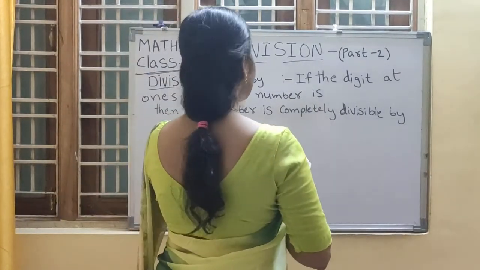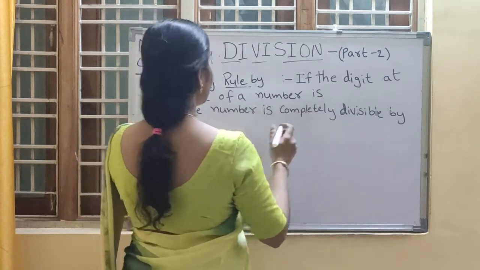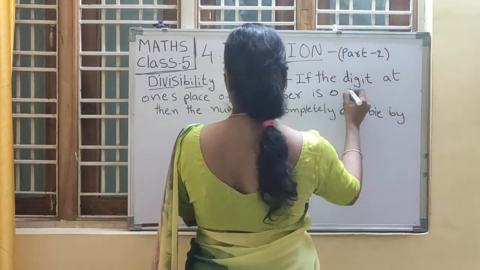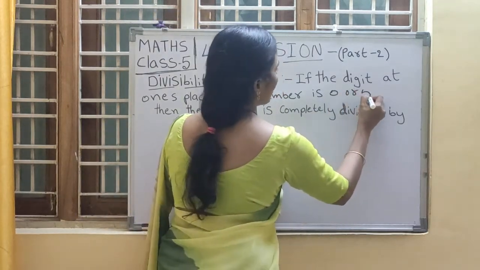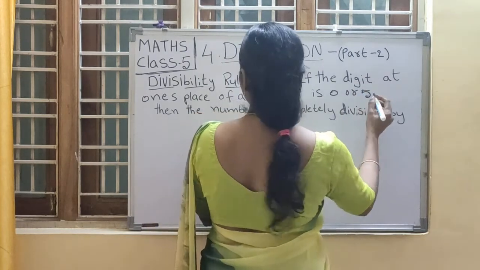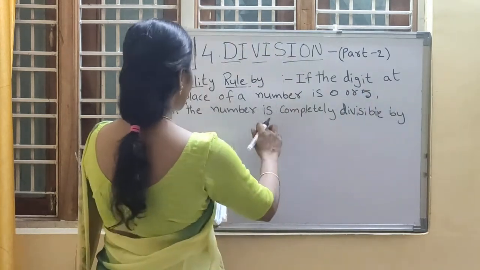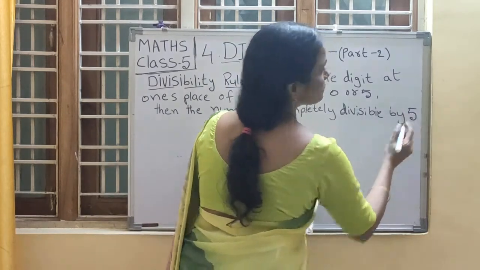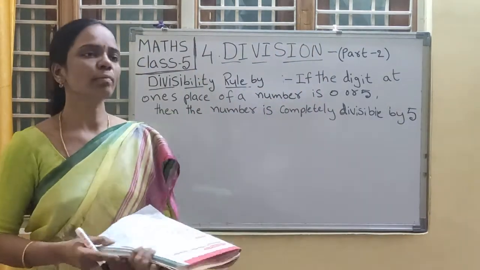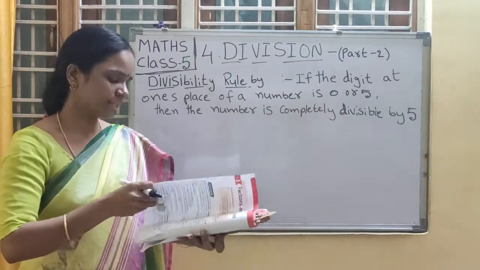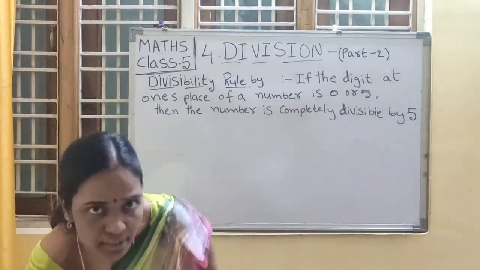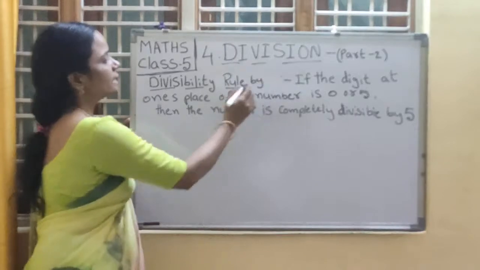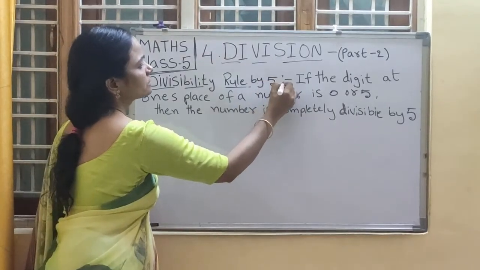If the digit at ones place of a number is 0 or 5, then the number is completely divisible by 5. Everyone repeat after me.